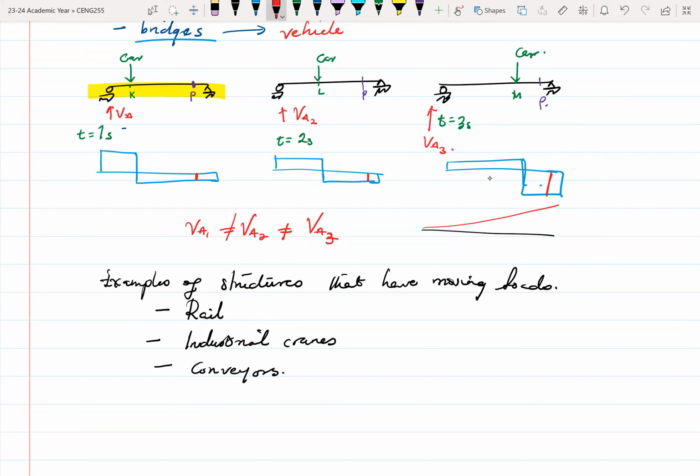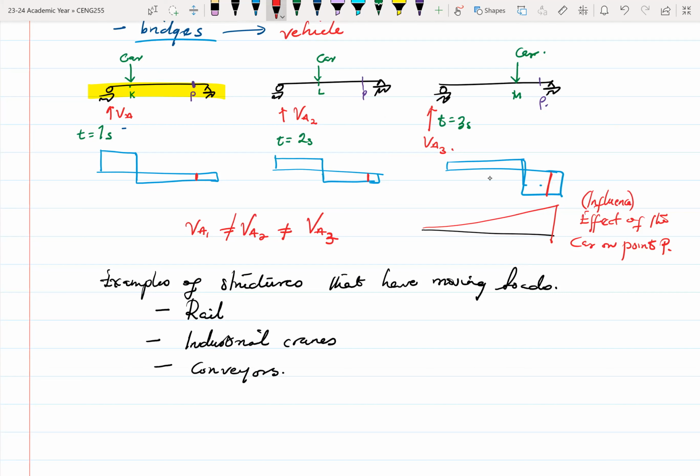So we draw a diagram, and this diagram would be the effect, all right, of the car on point P. Which means that as the car approaches point P, the effect of the car on point P will start increasing. All right. So that effect can also be termed as its influence. So the influence of the car on point P.